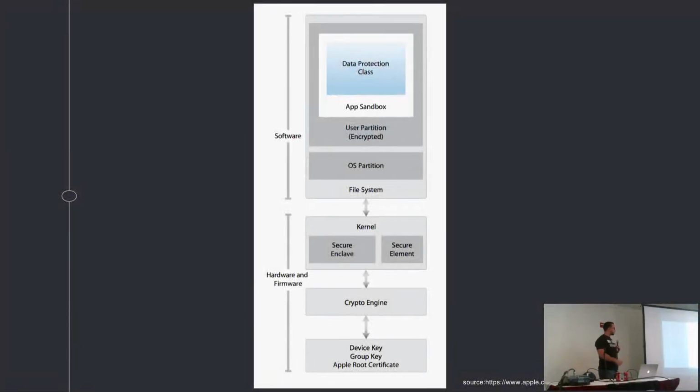And here is the iOS architecture for their devices. I just want to show the separation between hardware and software, and how the container, as far as where your passwords are stored in keychain, is stored in the secure enclave. Secure enclave is for Touch ID, and you also have your group keys, things like that.